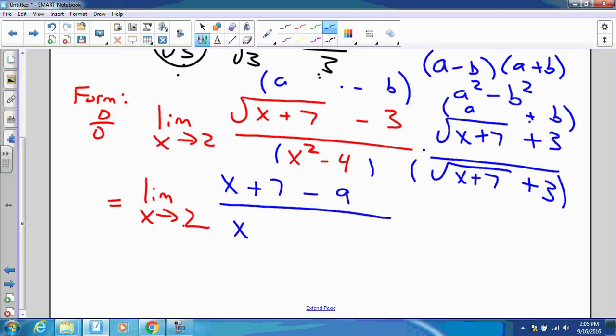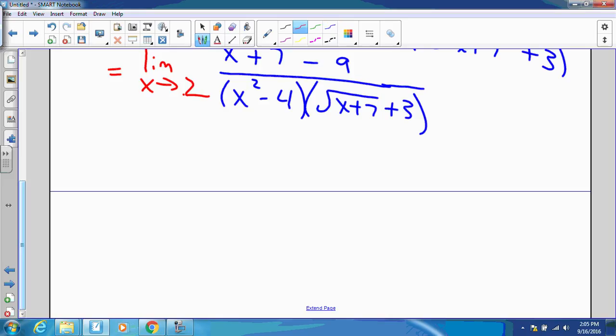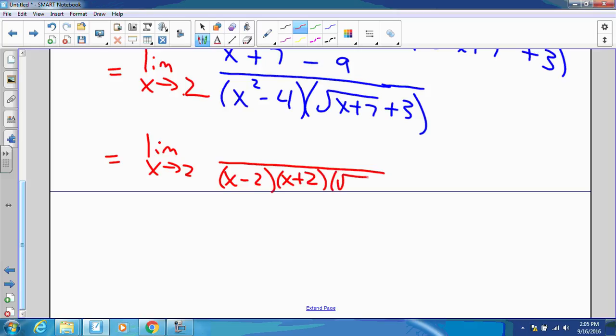I am not going to simplify that. I don't have any need to simplify that. I'm simply going to let it be what it is. But now when I clean up the top and factor the bottom, because I know I need a factor of x minus 2, look at what happens.